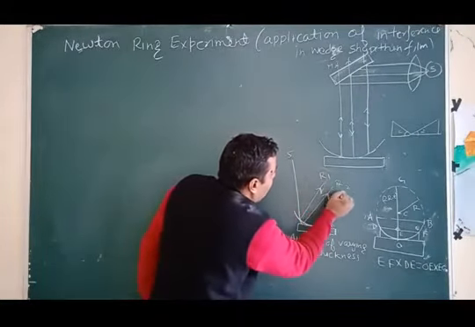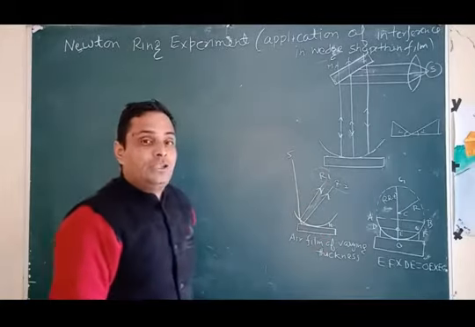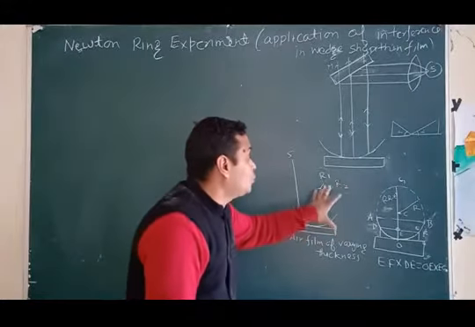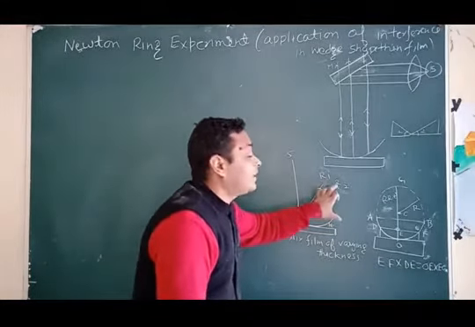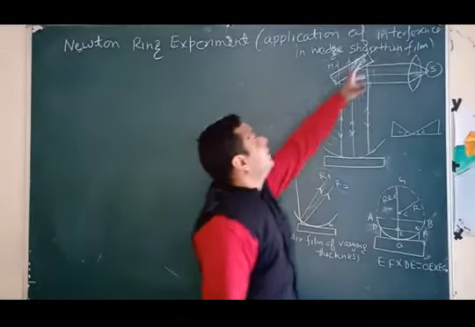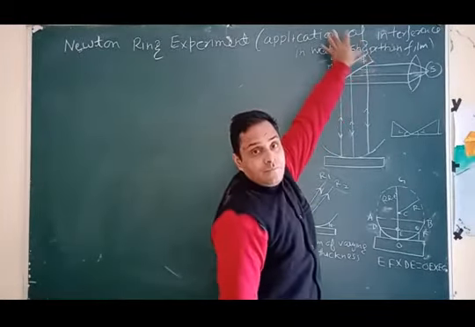The path difference between these two reflected rays R1 and R2 creates an interference pattern in the form of rings here.